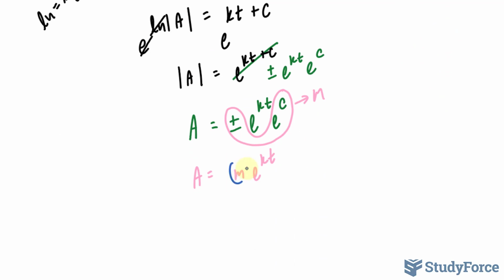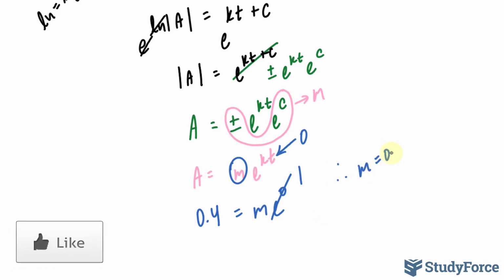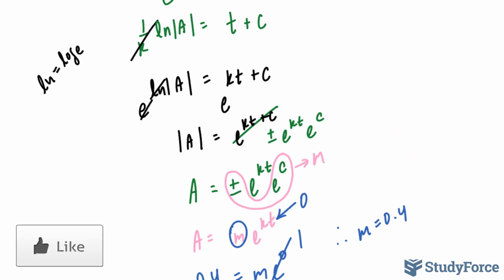That way I can find out what M is equal to. So I'll replace this A with 0.4, and I will replace this t with 0. This gives me M times e to the power of k times 0. That's the same thing as e to the power of 0, and anything to the power of 0 is equal to 1. Therefore, M is equal to 0.4, and we have come up with our equation.